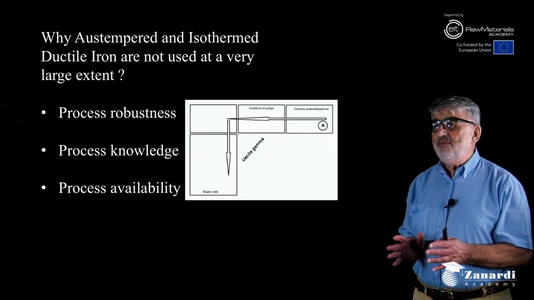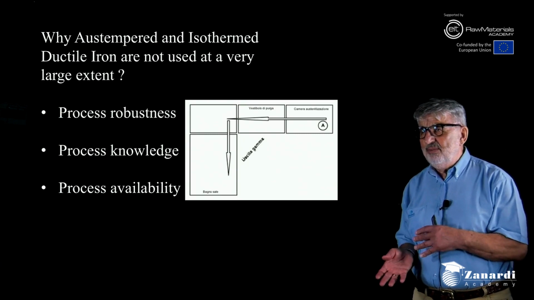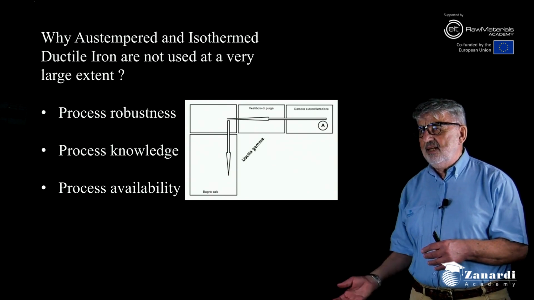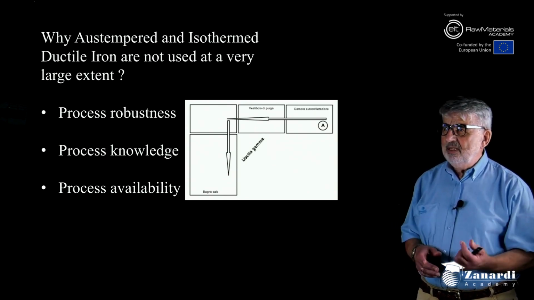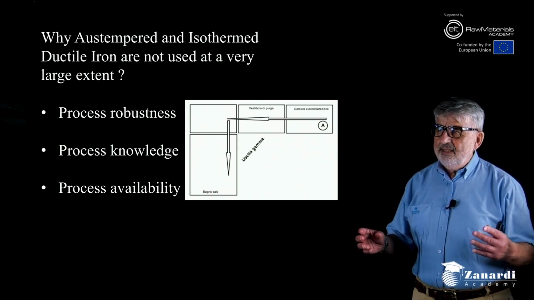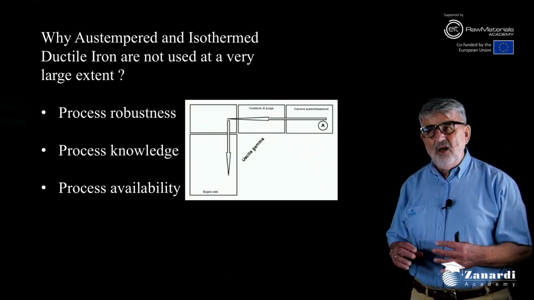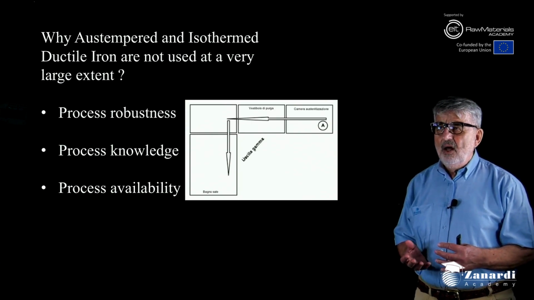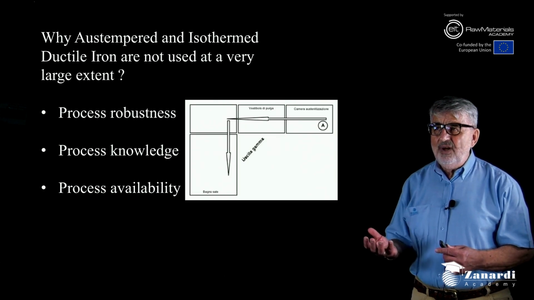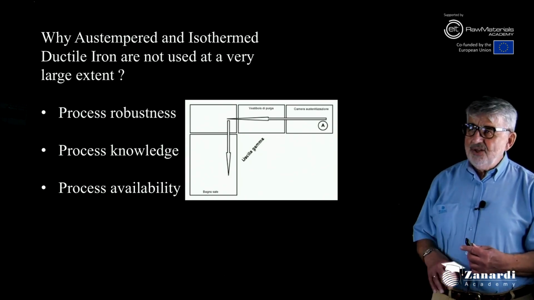Then it's necessary to have process knowledge. Austempering or isothermal treatment is not a question of a foundry producing the casting and the treater making a treatment. It's one process. The treatment parameters depend on the casting quality, on the nodule count, on the addition of elements, on segregation of these elements.